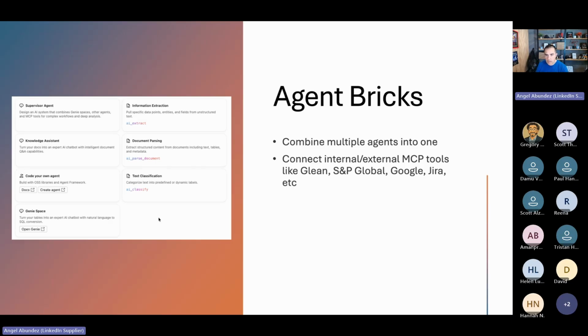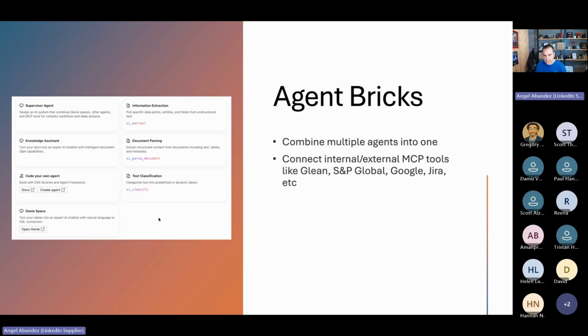So what I wanted to explain, pause for a minute, is that with Agent Bricks, you're not just limited to what's in Databricks. There are external or third-party model context protocols that you can leverage inside of Databricks as well.